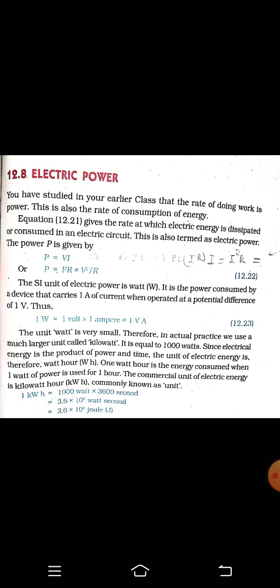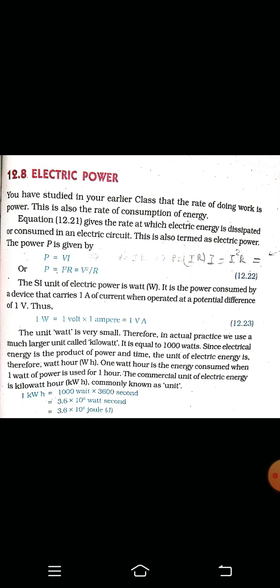Now, equation 12.21, which is the equation of Joule's law of heating. What is it? H is equal to I square RT. So this equation I square RT gives the rate at which electric energy is dissipated or consumed in an electric circuit.